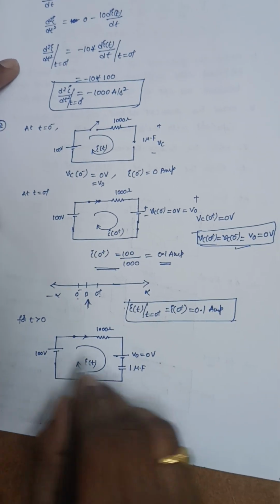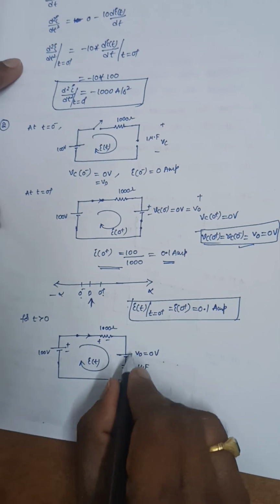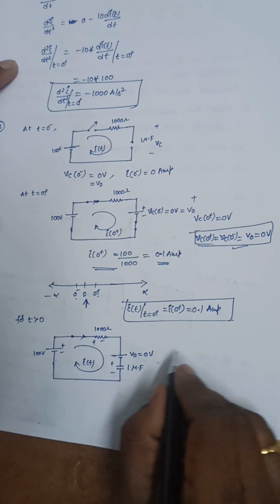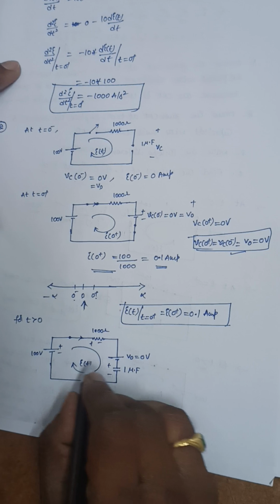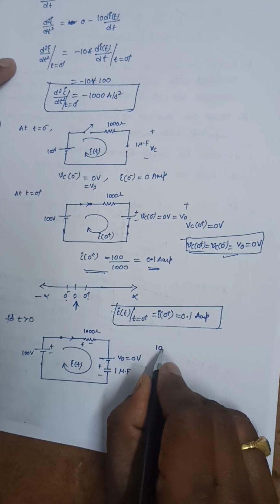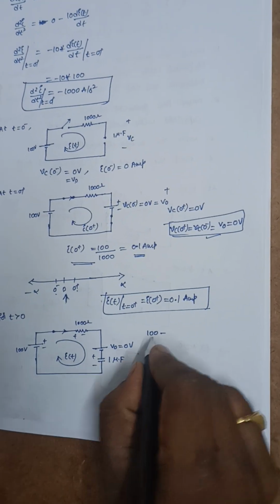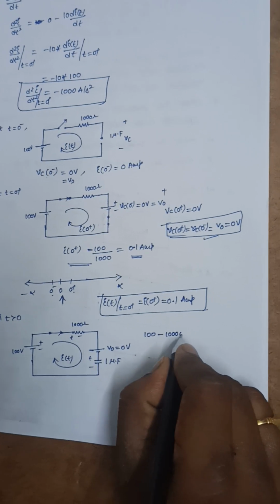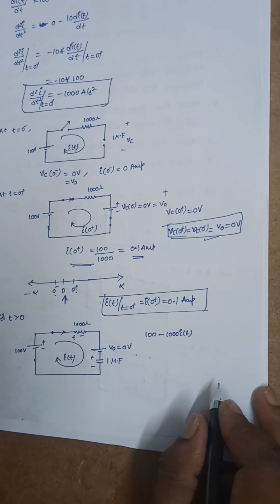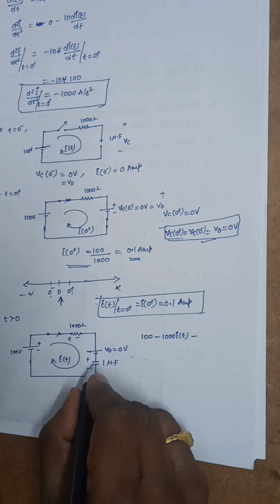Now write the KVL equation for this. It is plus and minus. This is 0 volts, which means it will act as a short circuit. Now if I write this loop equation or KVL equation, it is 100 minus 1000 into I of t, minus this voltage.